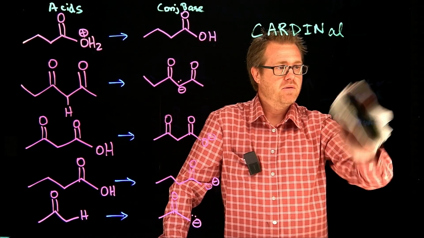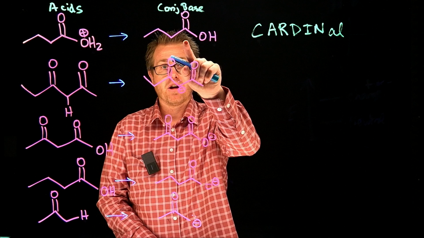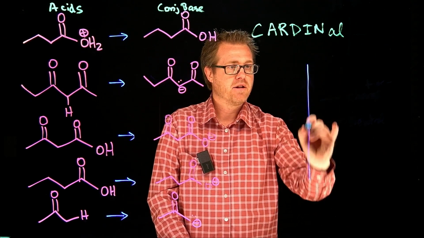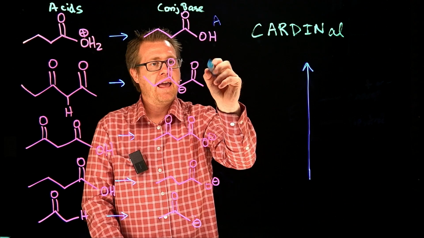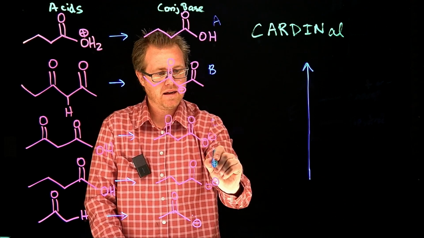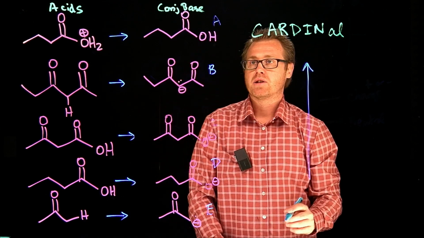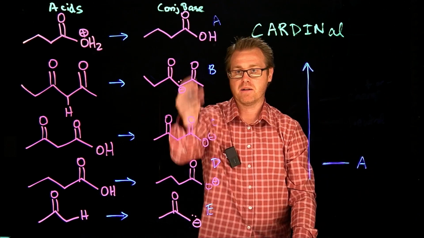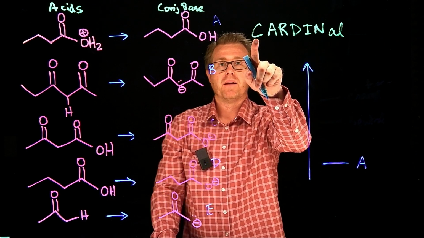So what we found by using the cardinal rule is that this has no charge. So if we draw an energy diagram here and label these A, B, C, D, and E, A is going to be the lowest in energy compound amongst these 5 because it has no charge.